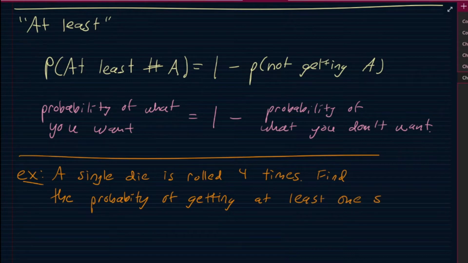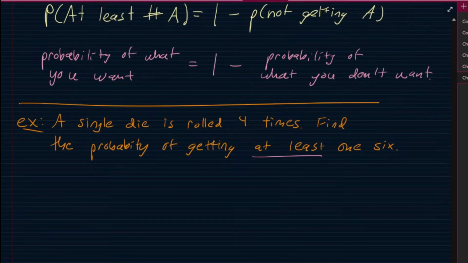So we see the key phrase of at least. That again lets us know we want to use this complement principle formula for probability. And so what are we doing here? What are we looking for? The probability of getting at least one 6.